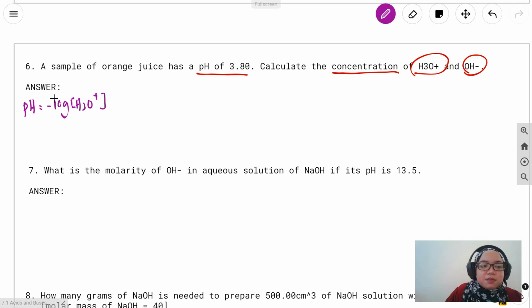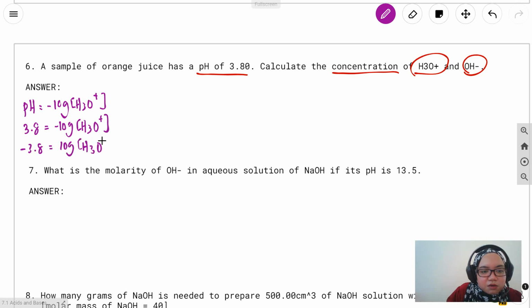So we know the pH value is 3.8, equal to negative log H3O plus. To find it, we move the negative log to this side. So we get negative 3.8 equals log H3O plus.